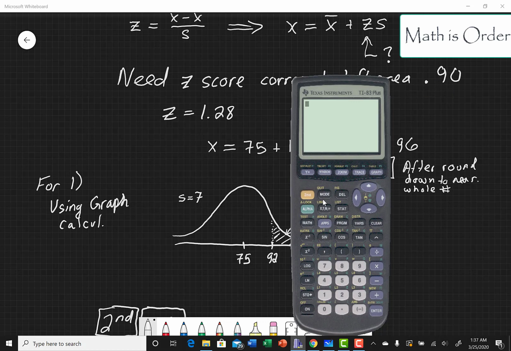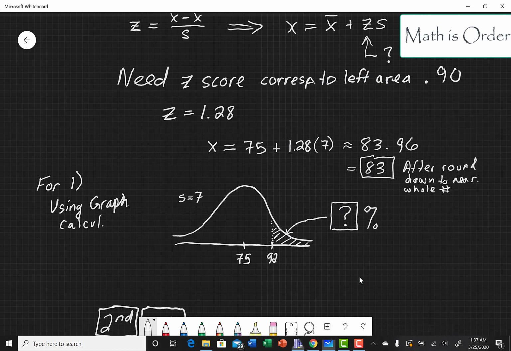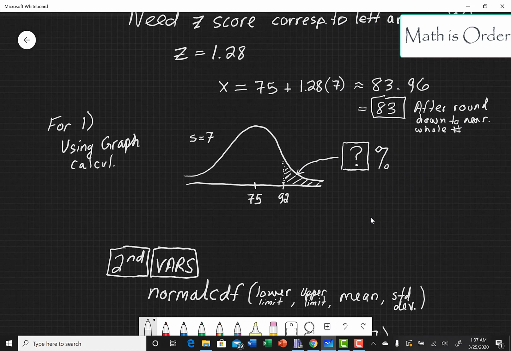There we go. And we're going to go to second vars. Let me show you the procedure right here. Second vars, then normal CDF. And the calculator is going to require a lower limit, an upper limit, a mean, and a standard deviation. Now, if I want this area right here, what is the lower limit?